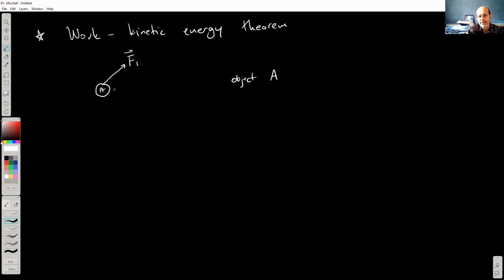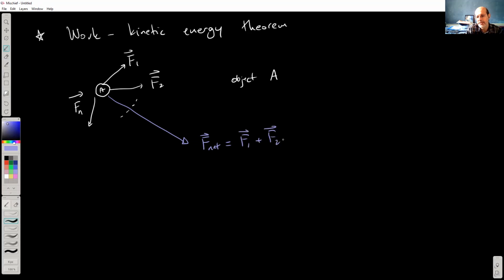So there's F1, F2, and so on, let's just say Fn in here. So N different forces. As a result, the net force on the object is F net, which is basically the vector sum of all of these forces.